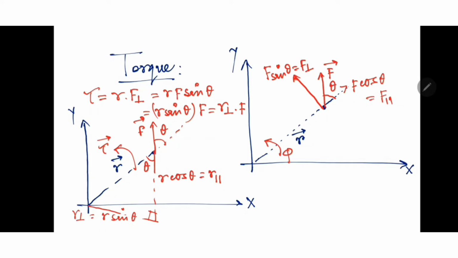So the rotation will also have a direction, either clockwise or anti-clockwise, with respect to an observer. For example, in the above example, the torque is anti-clockwise.